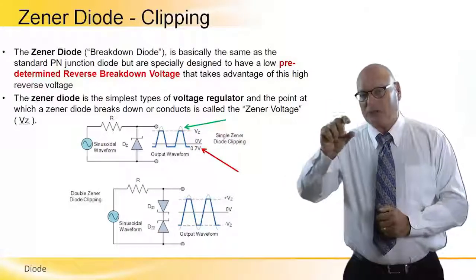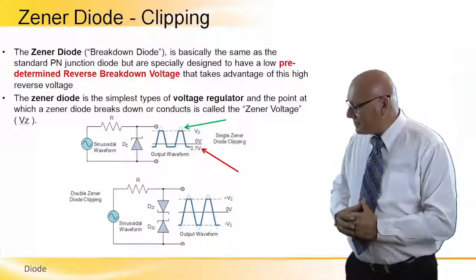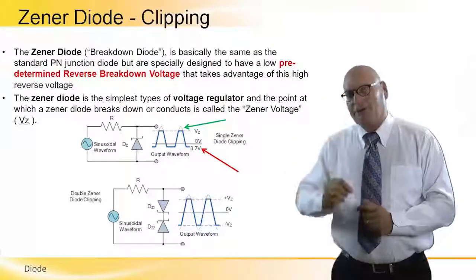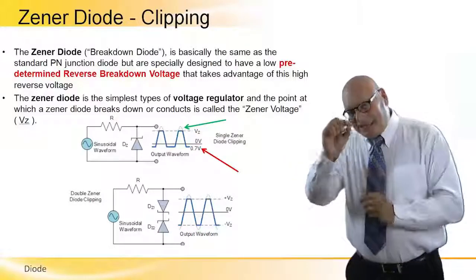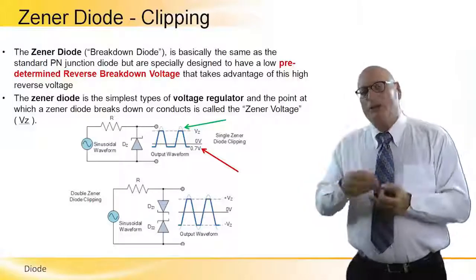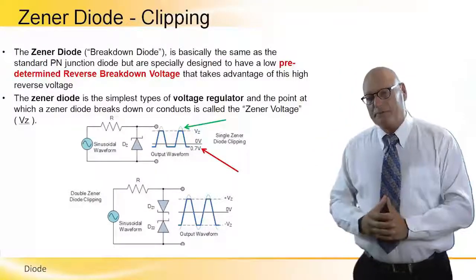And this voltage is fixed. So we can see the waveform in the output on the right hand side, where the top part of the sine wave is basically clipped. That level of the clipping is the rated level in the technical specification of the Zener diode.